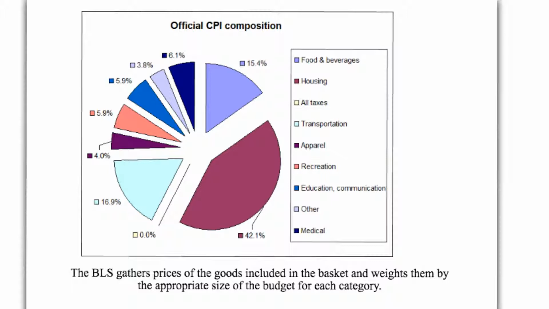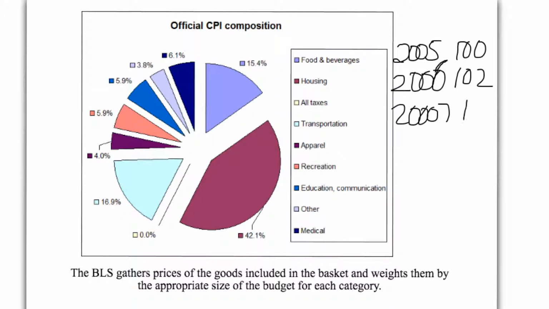All right, so then basically at this point, all you would do is get the actual numbers that the CPI has collected for a particular year. So maybe 2005 is your base year, and that's 100. Then 2006, maybe they calculate that it's 102. 2007, maybe it's 103.